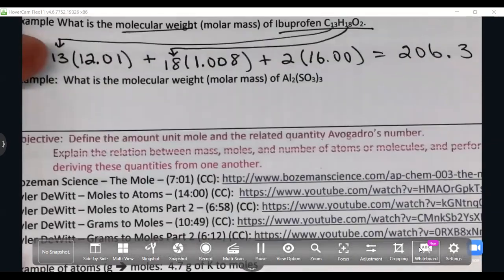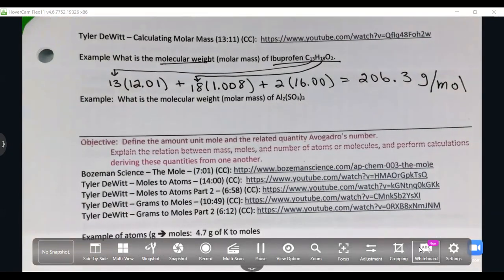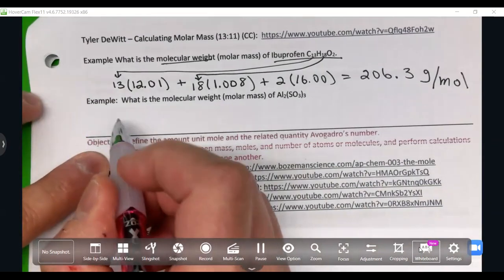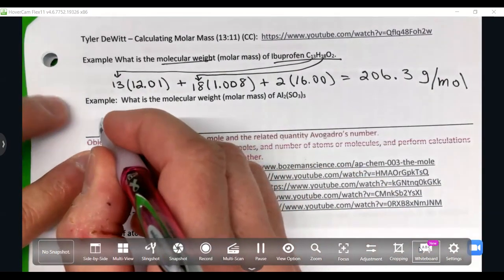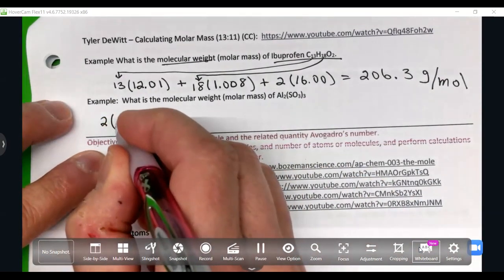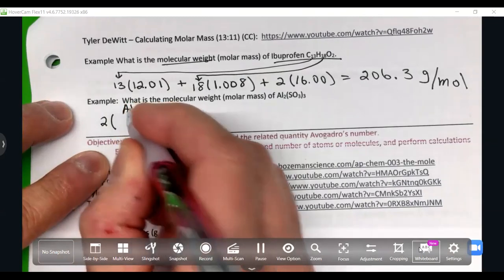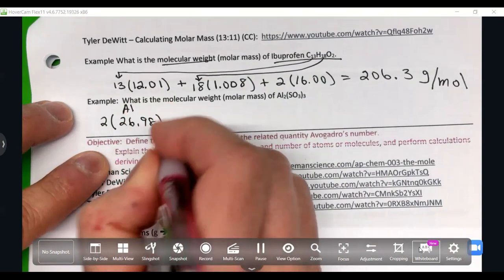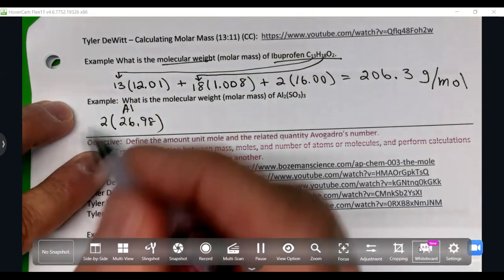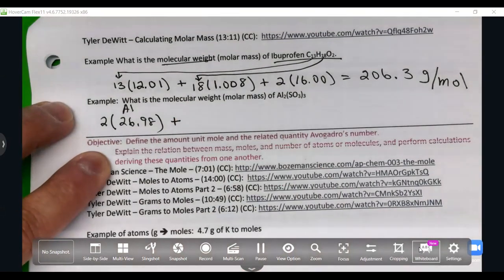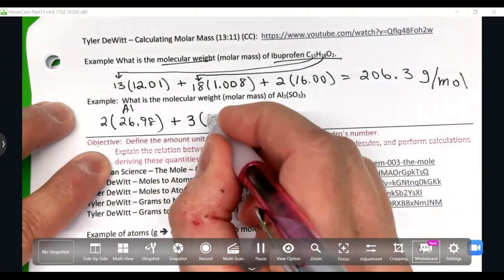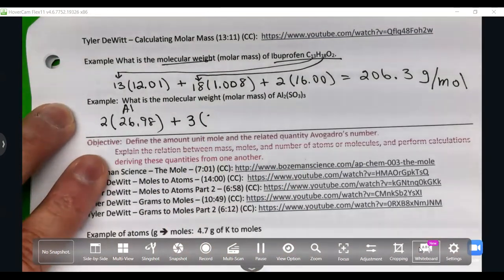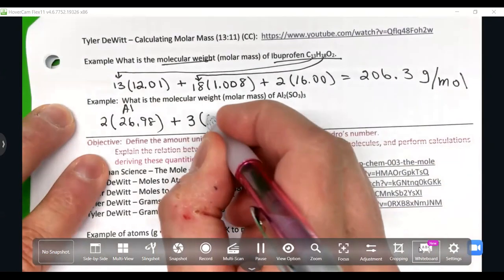In mole, we can take the E off. So this is aluminum sulfite. So we have 2 aluminums. Plus, how many sulfur? Yeah, 3 sulfurs. And if we look up sulfur, it's 32.065.